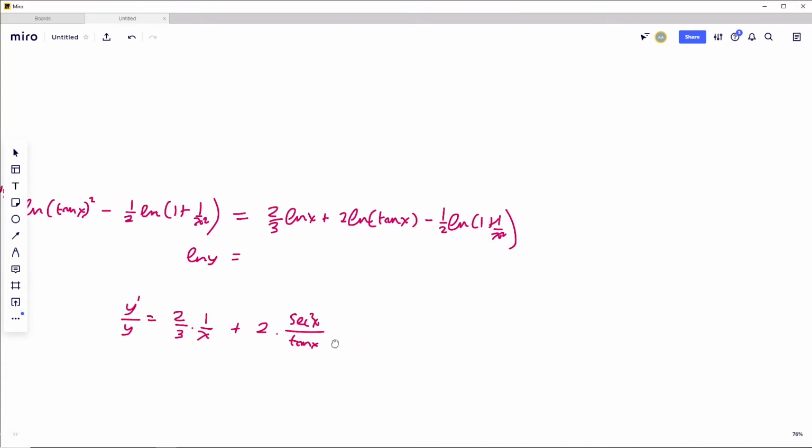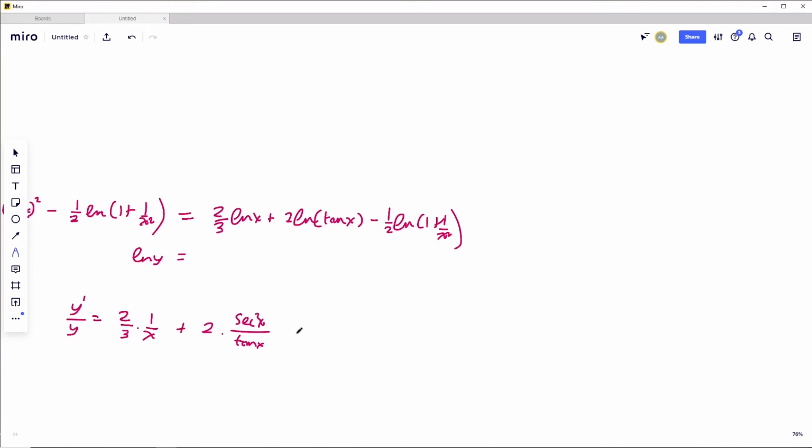We can simplify that, of course, because we have a sine and cosine here, and we have a cosine over here, because they're both cosines. This is 1 over cosine. Anyways, minus half times, deriving this is going to give you 1 over x squared plus 1 times its derivative, minus 2 over x to the power of 3.